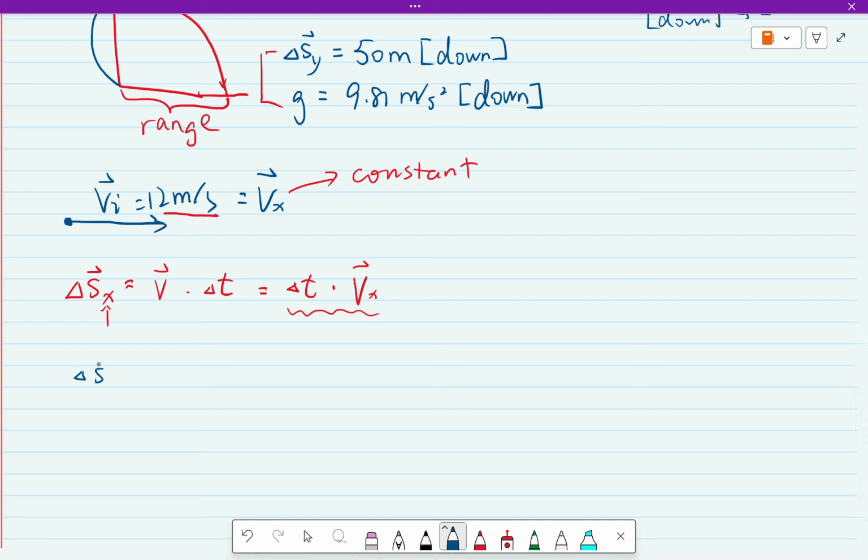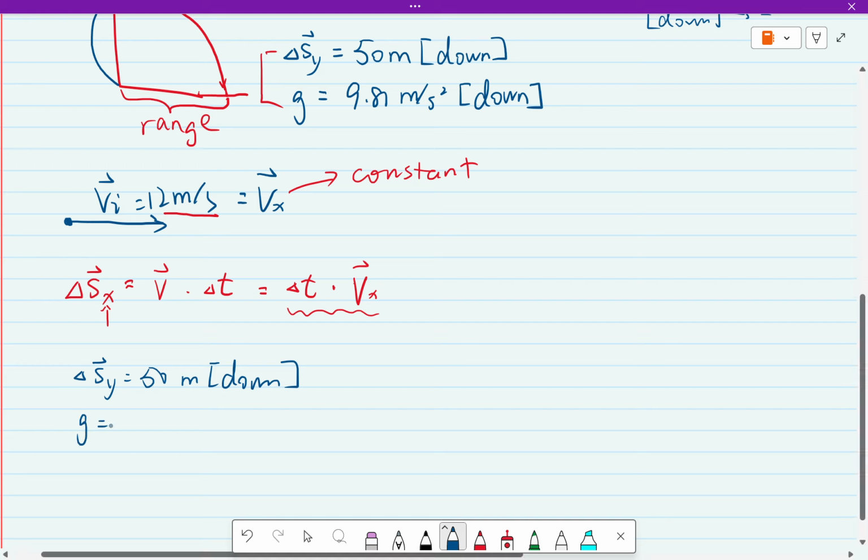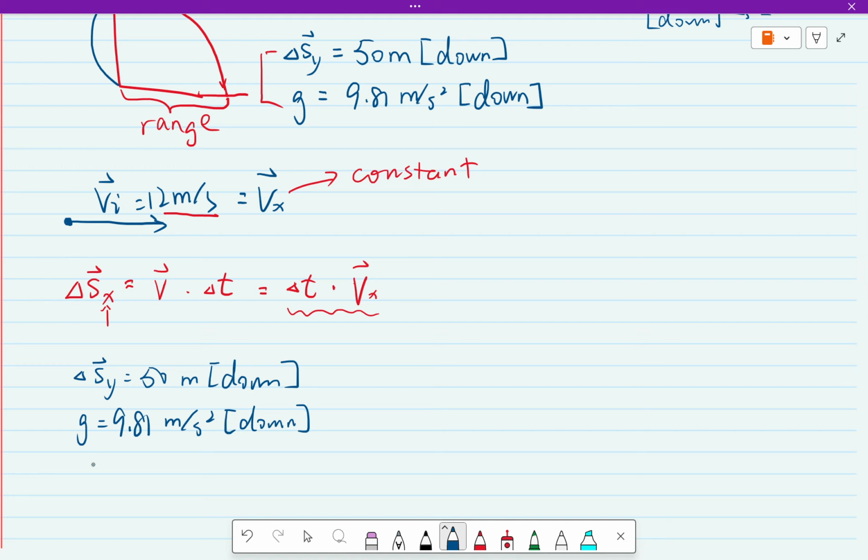So we have this. The vertical displacement is 50 meters down. The acceleration is 9.81 meters per second squared down. And we're looking for delta t. So this is acceleration.